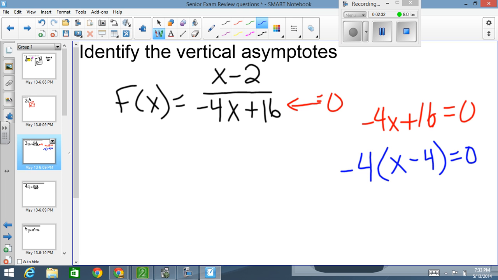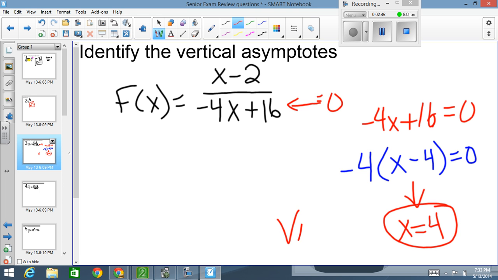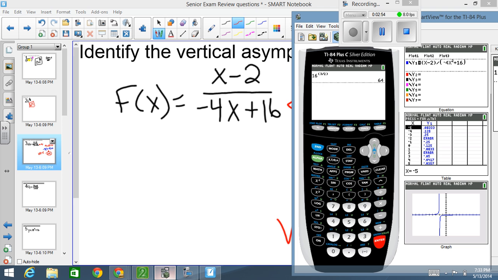I'm just dividing out negative 4 out of each part. So when I'm looking for solutions, I'm looking for what makes that part 0. Well, what makes that part 0 is a positive 4. And that would be a vertical asymptote. So a VA would be at positive 4. X equals 4.